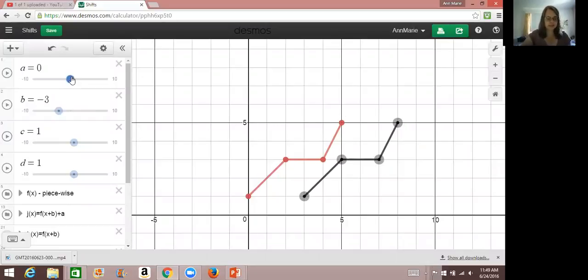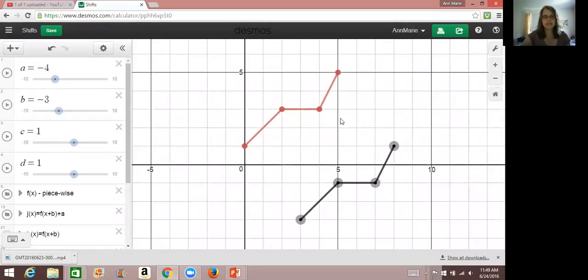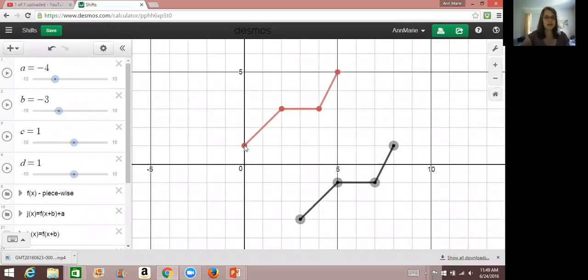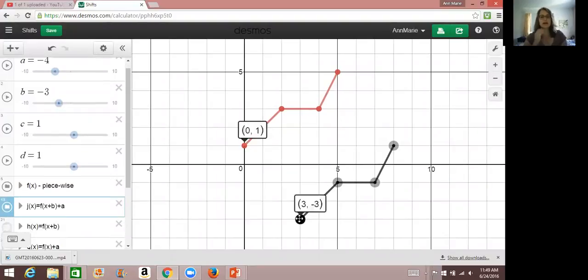So what this means for my Desmos tool is that a is going to be -4. So you can see here what I have. If I compare this point, 0, 1, to that same point on my new graph, 3, -3, I've got a change of -4 in my y-coordinates. So 1 minus 4 would be -3, and that's what I see here.